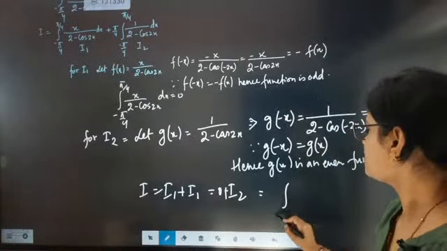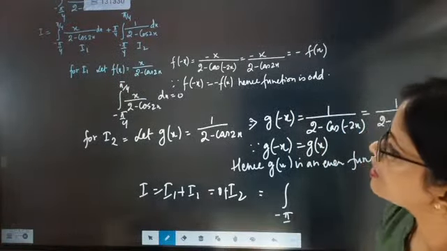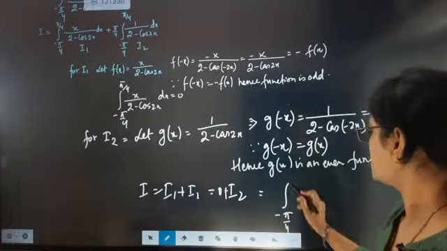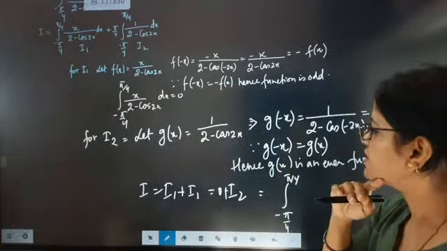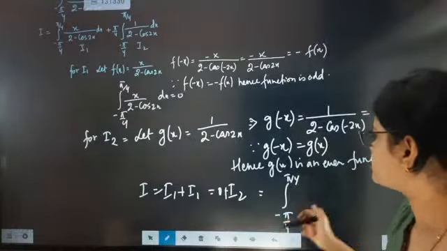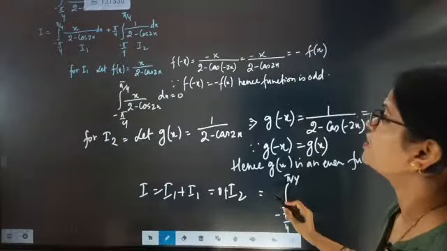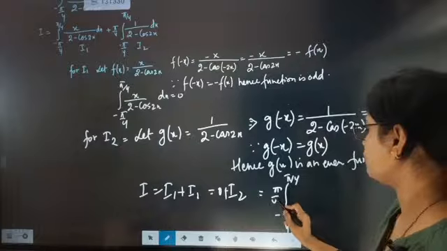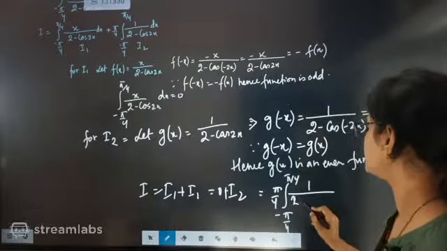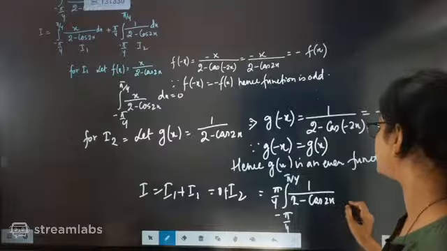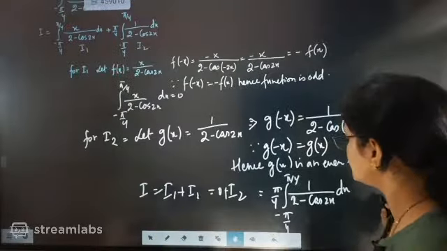I2 is integral from minus pi by 4 to pi by 4, first 2 will come out, pi by 4 will be there, of 1 by 2 minus cos 2x dx. So now we are going to solve this section.